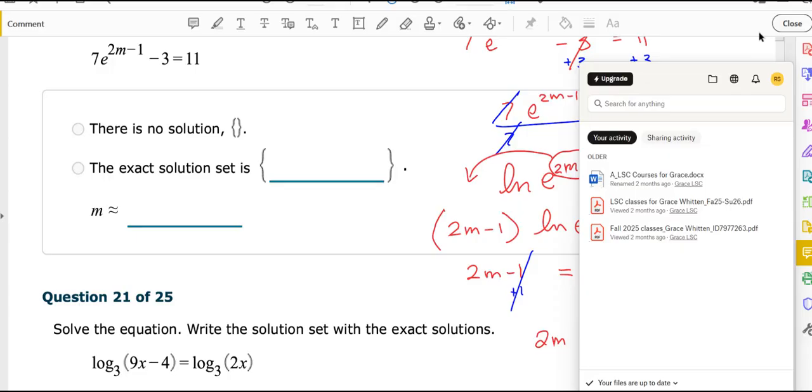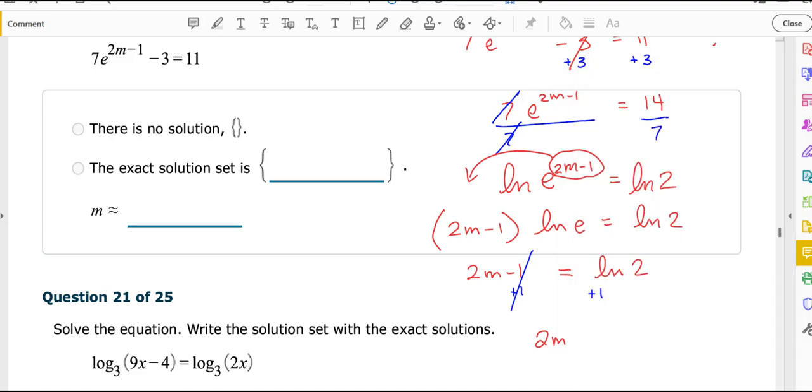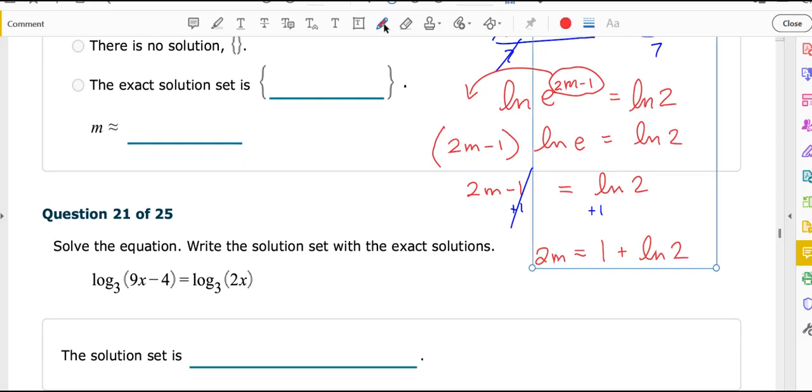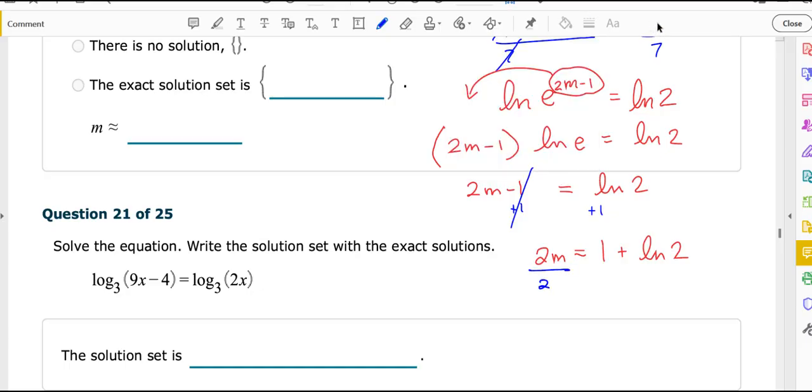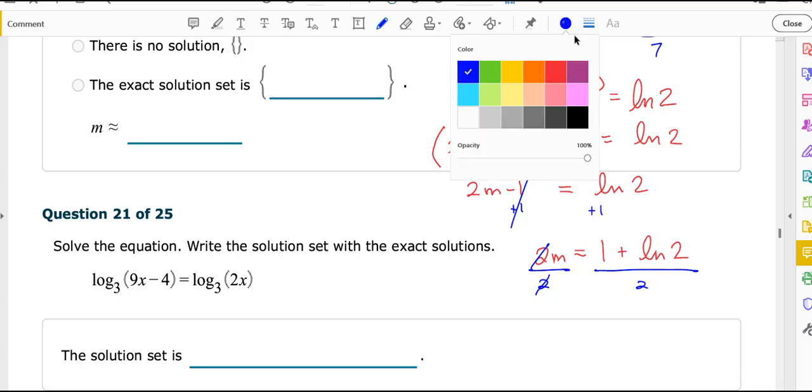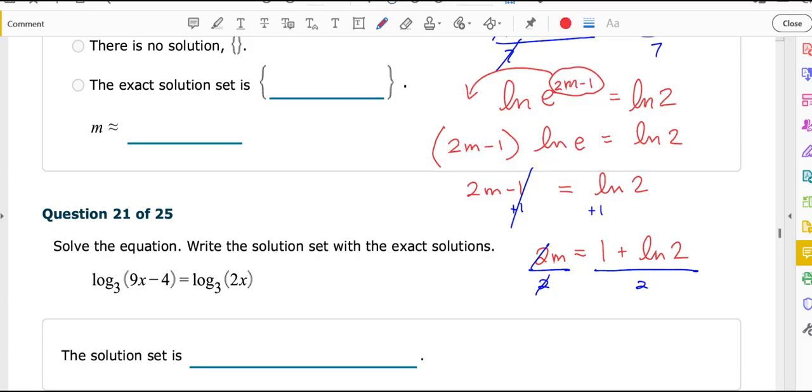Now divide both sides by 2. So your answer that you type in will be 1 plus ln 2 all over 2. Your approximation, I'm going to do a fraction.